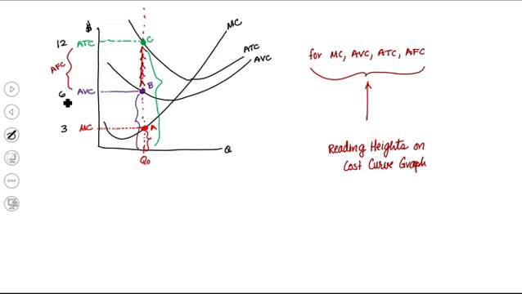Everybody, what would it be? 6, right? What equation did I use to figure that out? Average total cost minus average variable cost, right? Okay. So you might have to read points, or you might have to read numbers. So I could call this F dollars, I could call this G dollars, I could call this K dollars, right? You have to get comfortable with both. Everybody with me? All right.